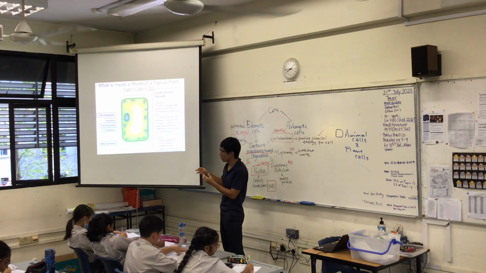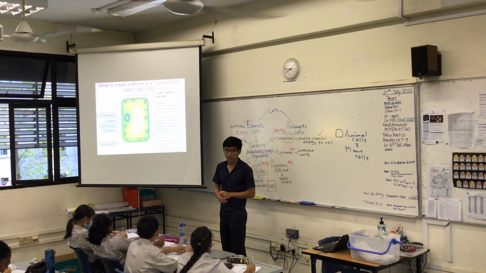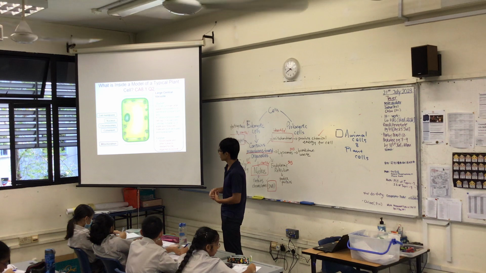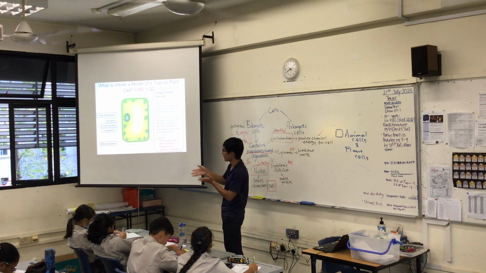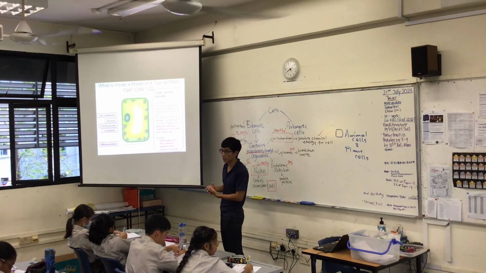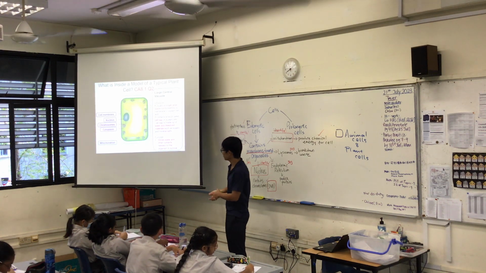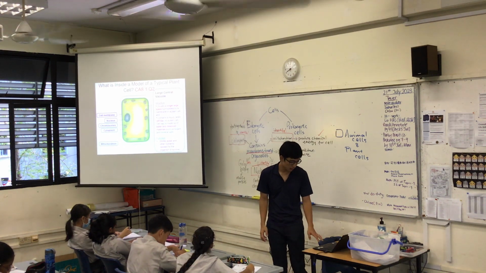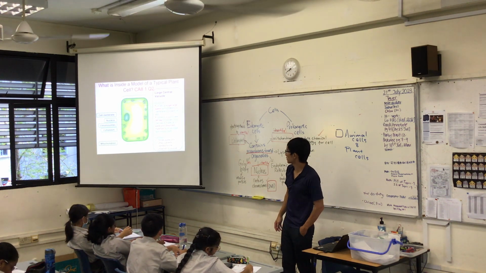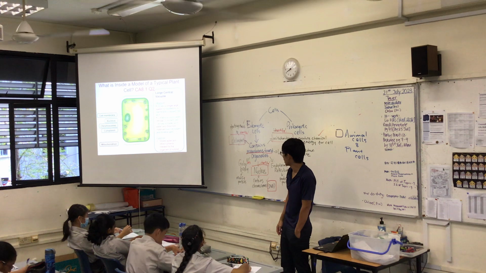If this vacuole has lost water, then you will see the plant start to wilt. But you see plants out there standing upright, that's because their vacuoles are filled with water. It keeps them very firm. So that's difference number one. The vacuole is very big compared to the animal cell one.